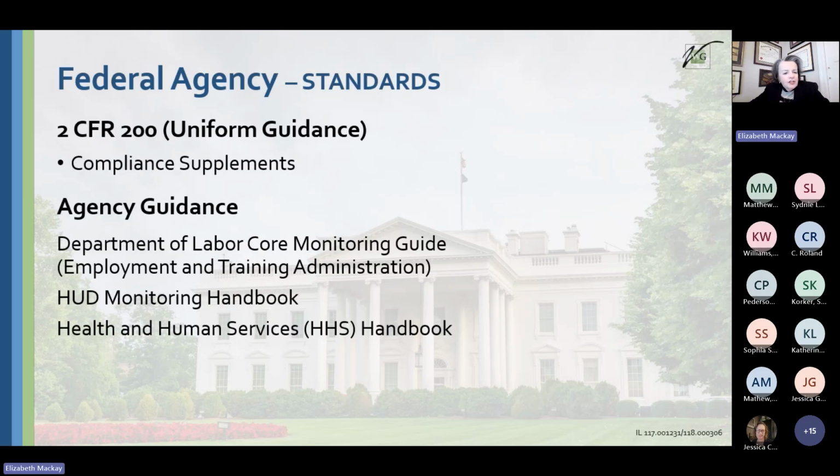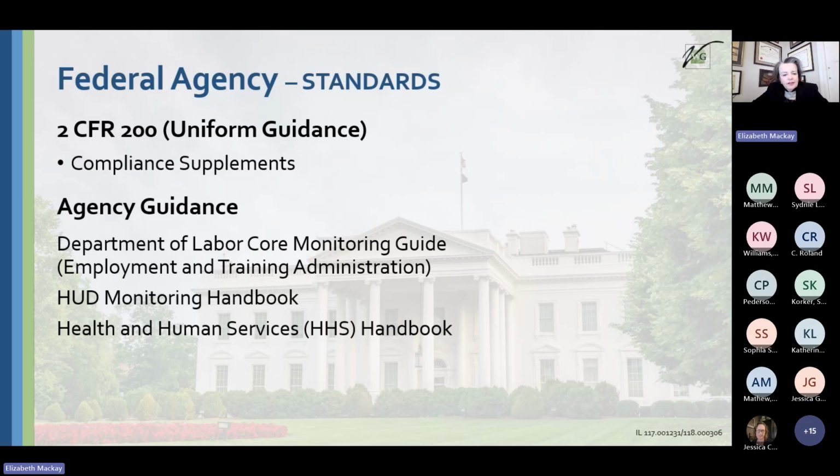And federal agencies also set standards. In fact, the Uniform Guidance, 2 CFR 200, is overseen by the Office of Management and Budget, as well as the compliance supplement that's published annually. My understanding is that the compliance supplement for 2026 will be published in June.